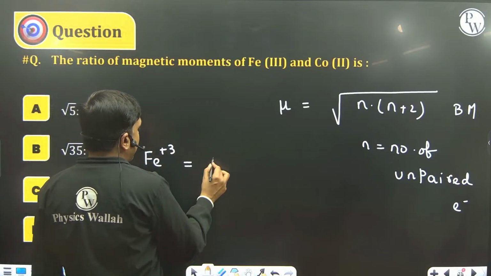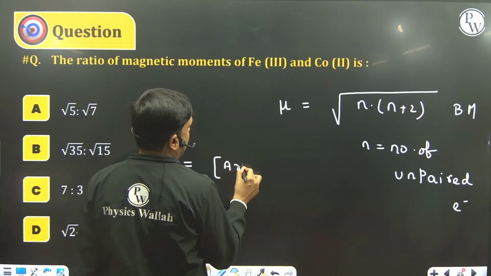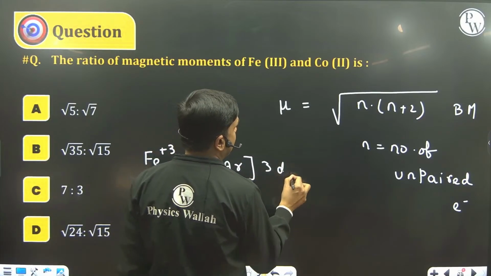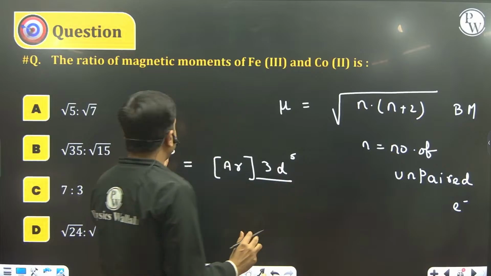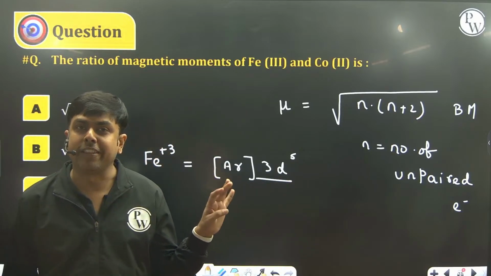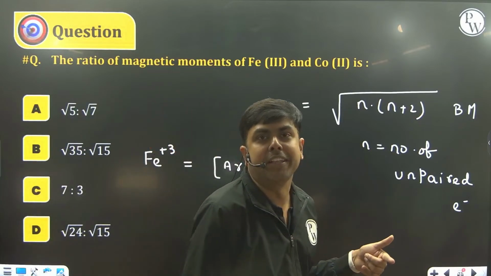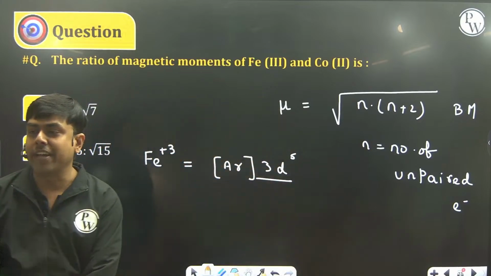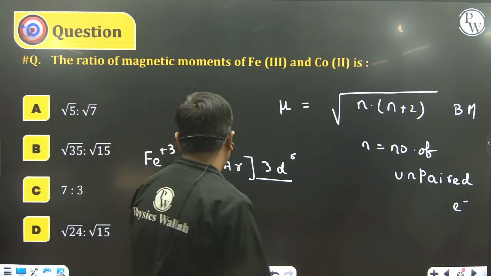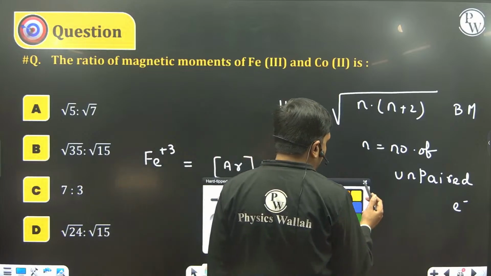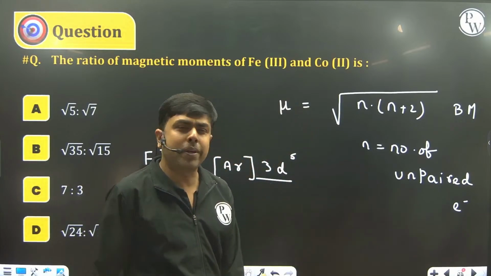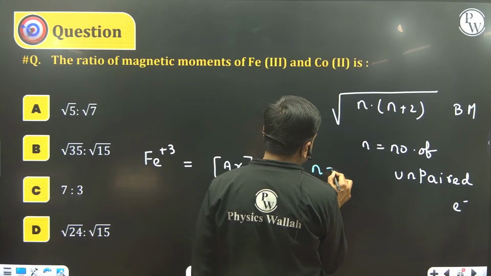Iron plus 3 is nothing but argon 3d5, right? 26 minus 3 is 23, 18 plus 5 is 23. So argon 3d5. Now how many unpaired electrons? All the 5 electrons will be unpaired. So n equals 5.